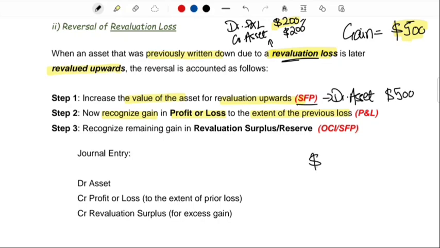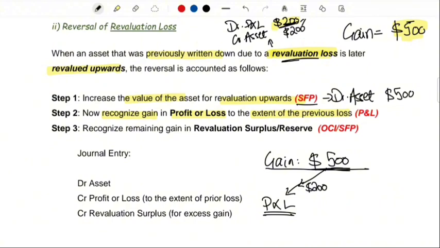Now it is saying you have a gain of $500, and from this gain you will take away $200 and give it to profit or loss to the extent of the previous loss. I will recognize that as income in this particular period. So you will credit the P&L to the extent of the previous loss.